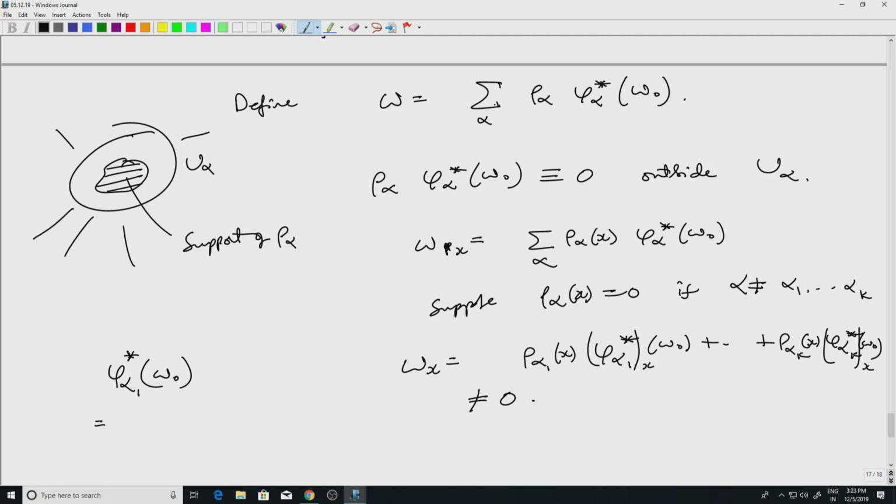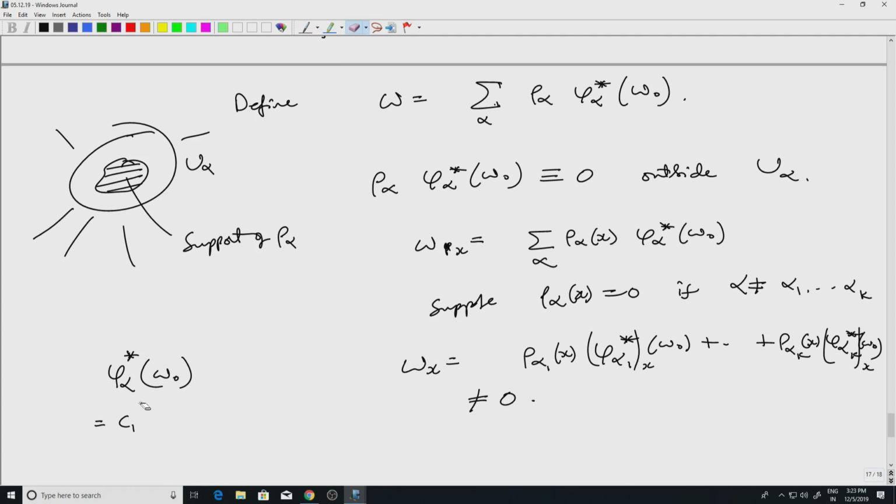We know that any two n-forms are multiples of each other at a specific point. So if I fix x, then let's use phi alpha 1 star omega naught as the base. Let me start with 2 onwards.